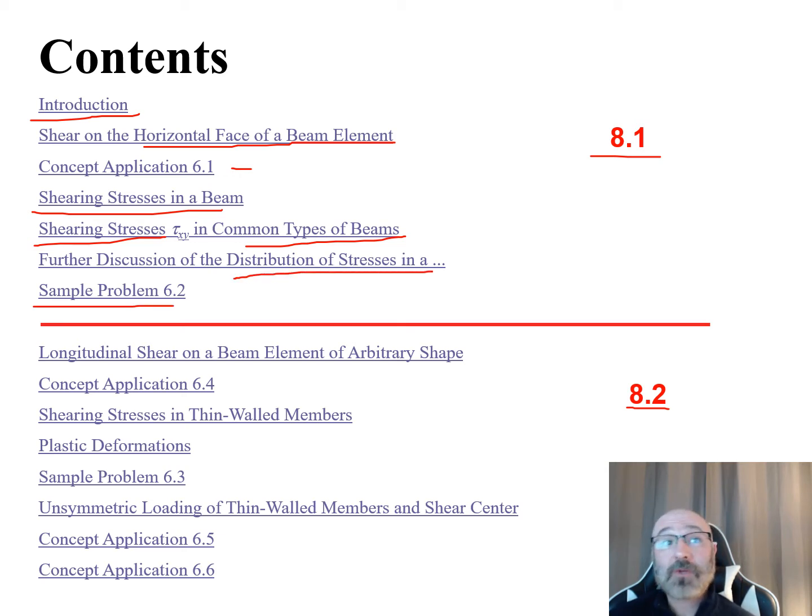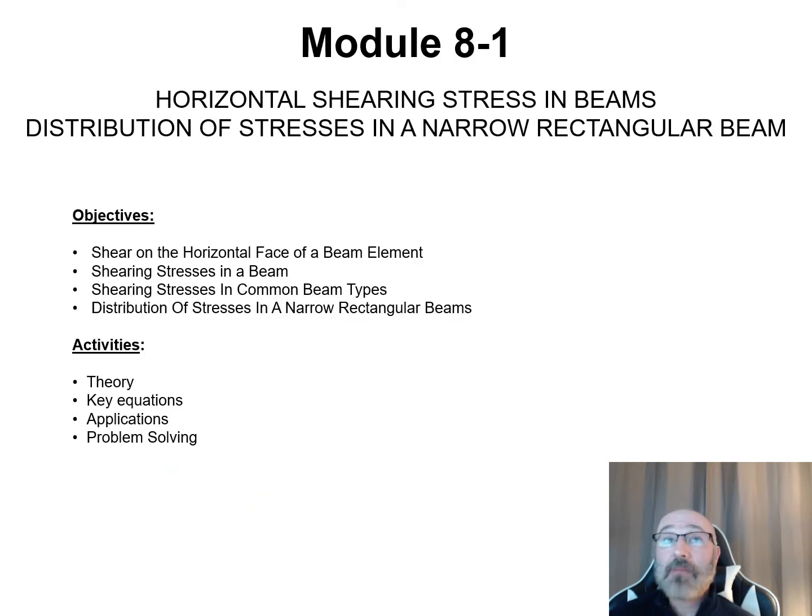In Module 8.2, we're going to look at longitudinal shear, go over a couple concept applications, look at shearing stresses in thin-walled members, plastic deformations, another example problem utilizing that theory and those equations, and then look at unsymmetric loading of thin-walled members and shear center, and do a couple more applications and problem solving. So now we'll begin Module 8.1.